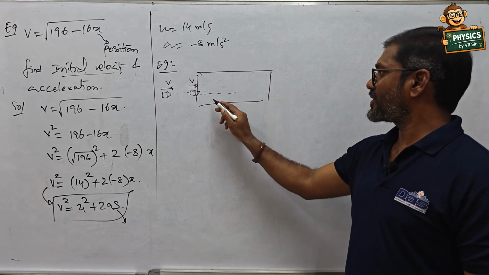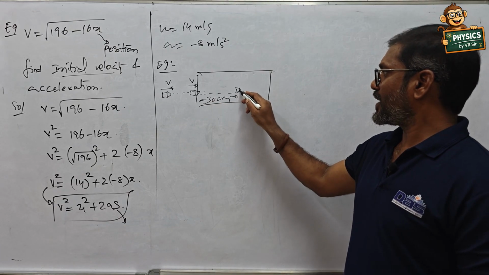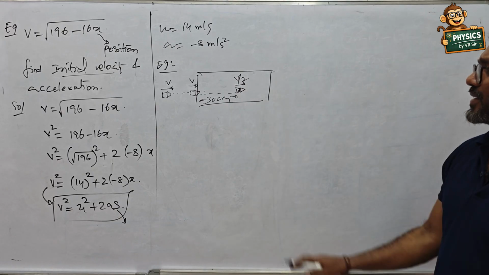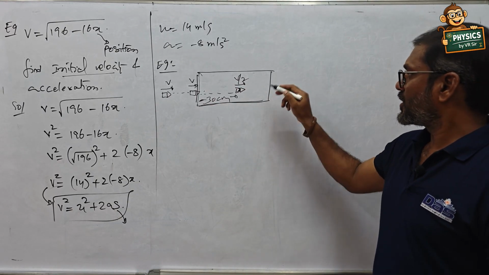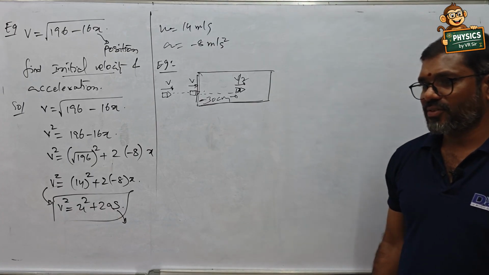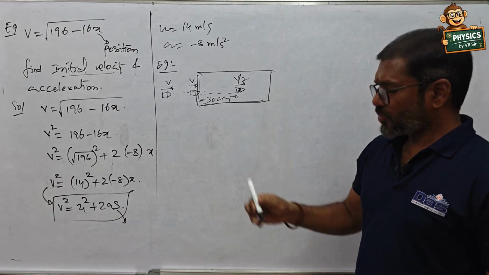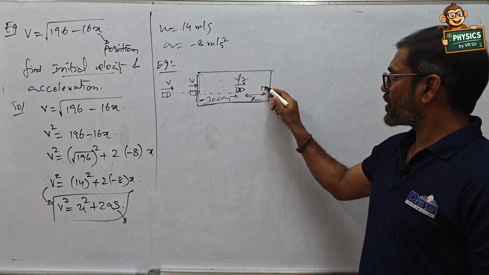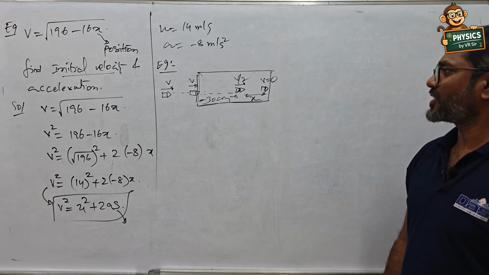After penetrating a distance of 30 centimeters, the velocity of the bullet has become half of the initial velocity. This description is the information for the question. The question is how much further it travels before coming to rest.